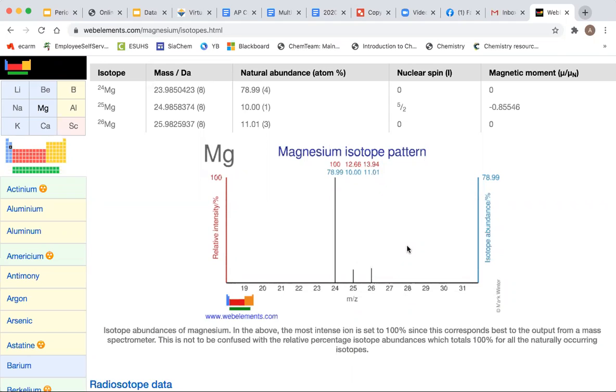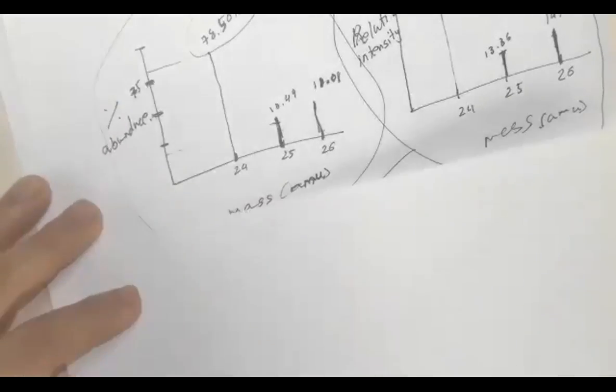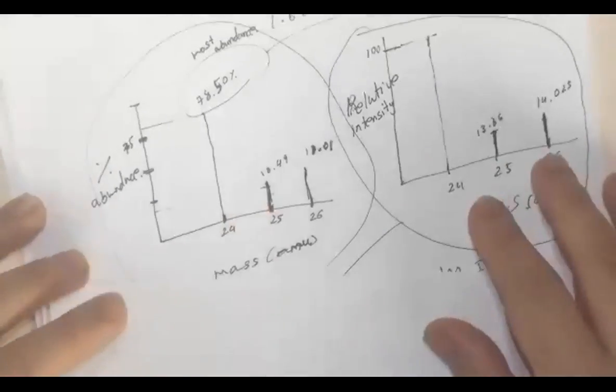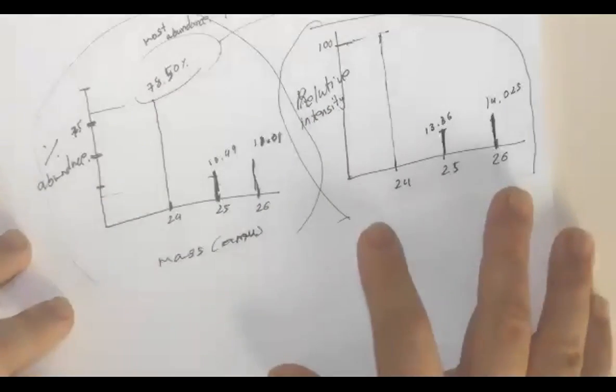Okay, so let's say that I give you that, and I want to figure out average mass. How would you do this, right? So let me stop sharing again. Okay, how would you do this? Let's talk about the first picture, this one. How would you find average mass from this picture? Percent abundance. Anyone?